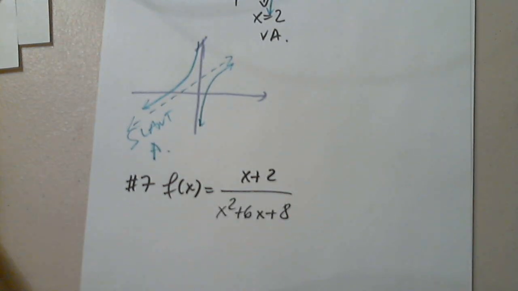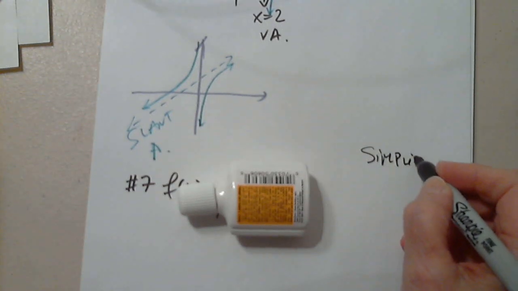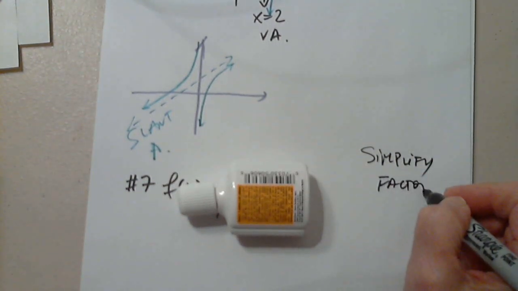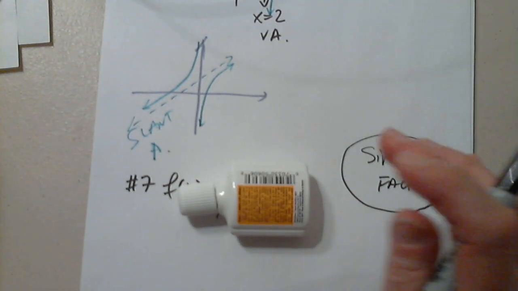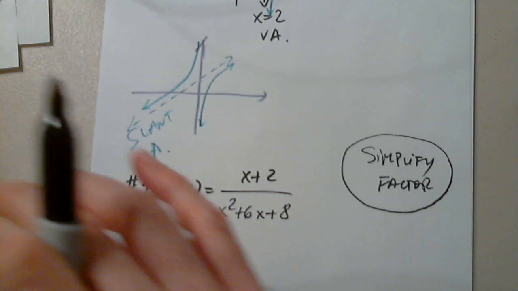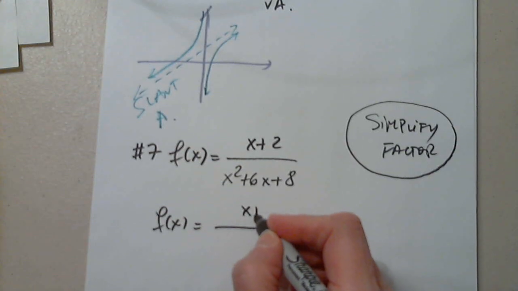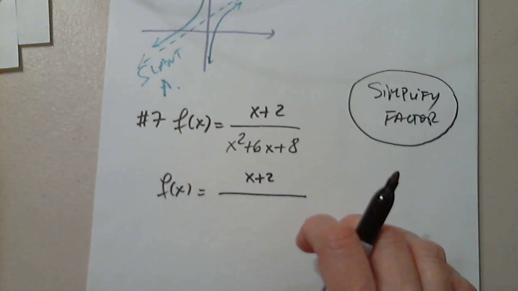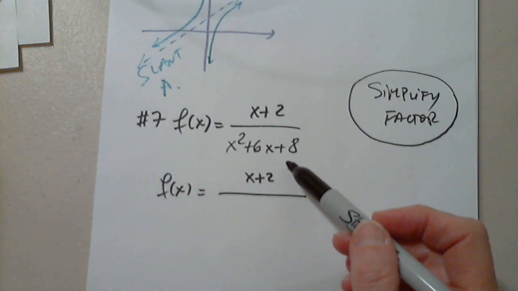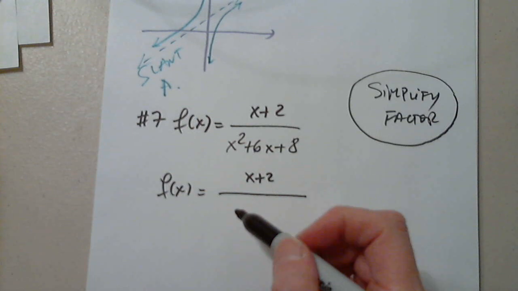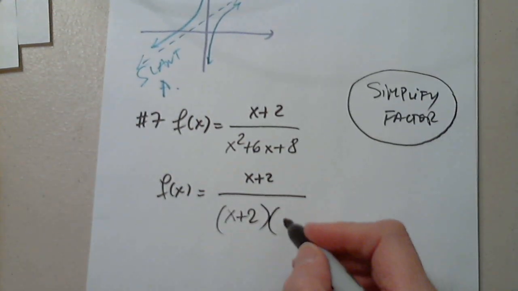So remember, in math, we always look at simplify, factor. In other words, make my life easier. So when I look at this function, I realize that the denominator is factorable. How do I factor a denominator? x plus 2, x plus 4.